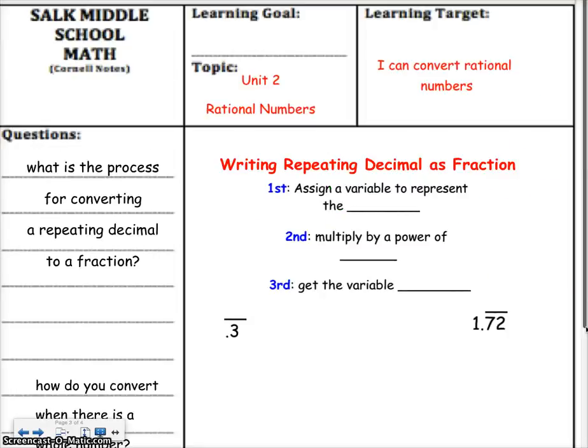If you recall from your learning scale, it talks about identifying repeating decimals as rational numbers. That's because you can turn a repeating decimal into a fraction, and it's not what you think. Is 0.4 the same as 0.4 repeating? Yes or no? No, but kids write it the same.